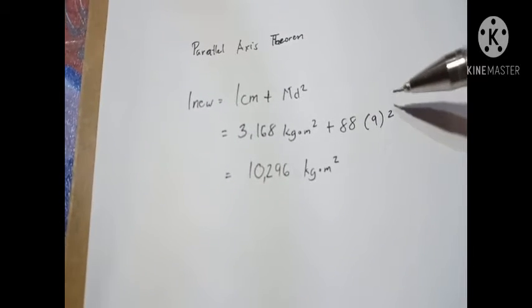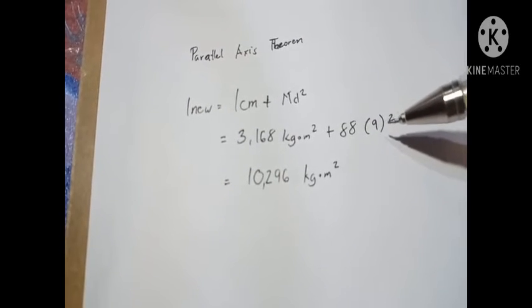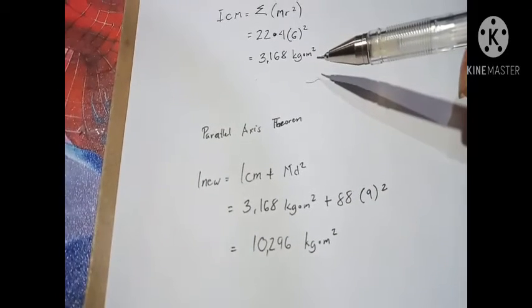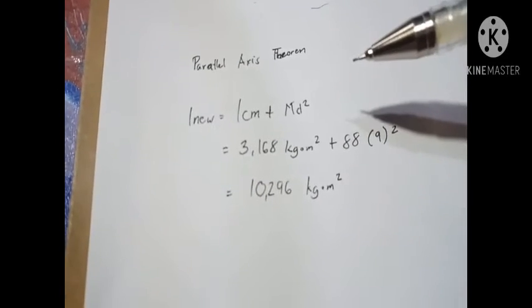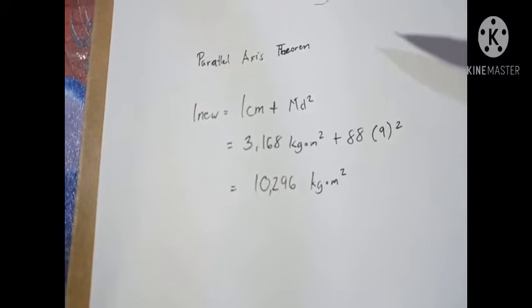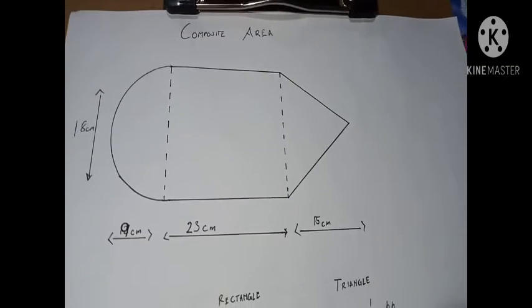We'll use this squared, so 88 times 9 squared plus the answer from the first solving will be 10,296 kilogram meter squared.